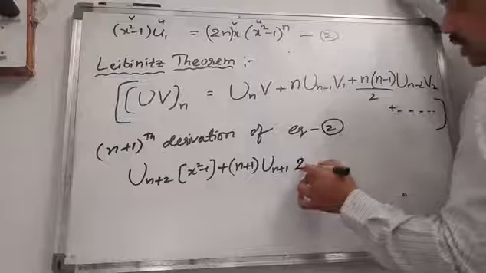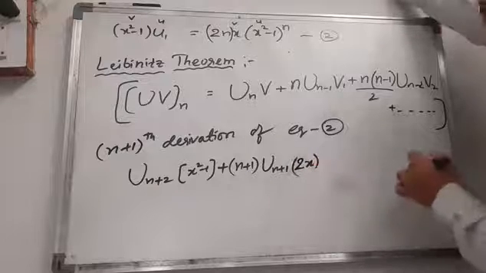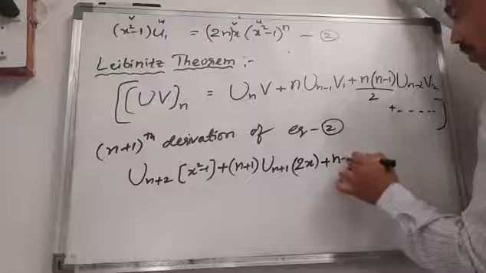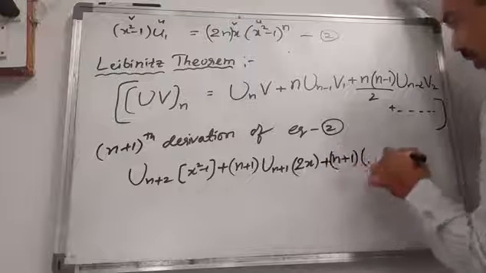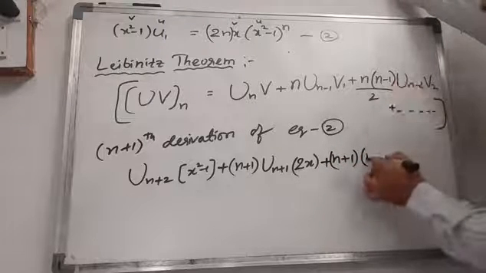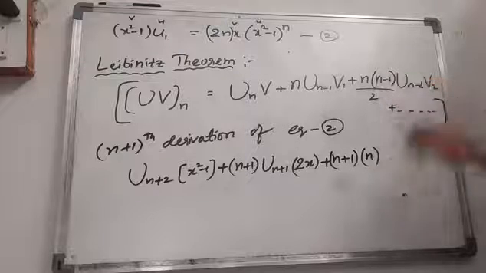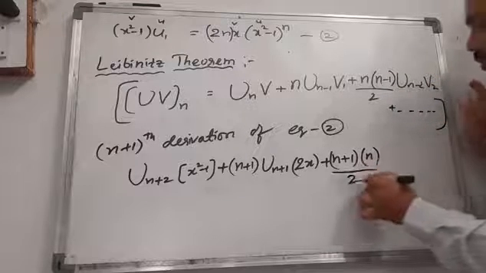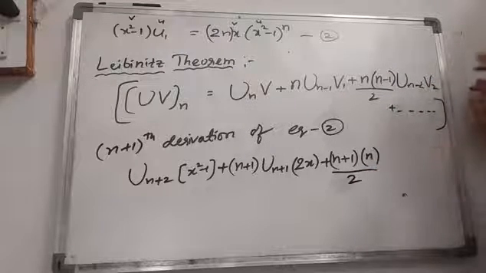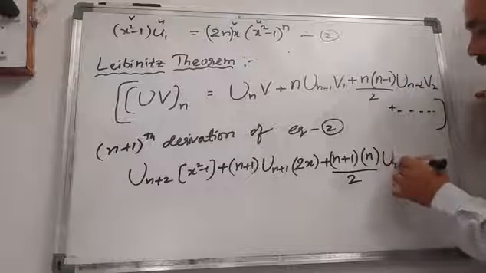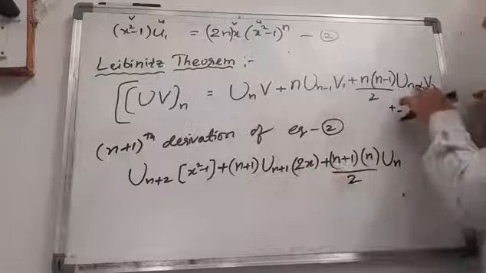So we will get here 2x plus n into, means n plus 1 into n minus 1, means n plus 1 minus 1 cancel, n will get, by 2 into un. Here n minus 2 is there, right?